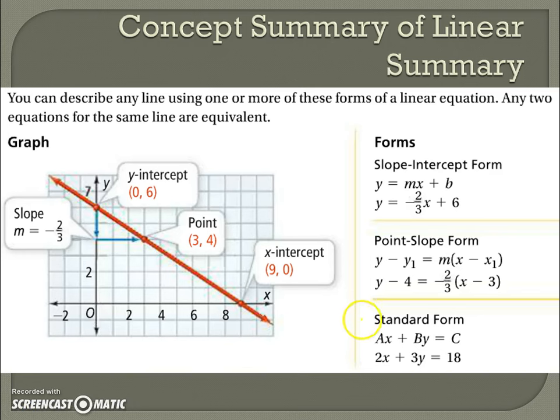All right, so here's kind of a final concept summary for the different lines. This is all of them. So here's our slope-intercept form, point-slope form, and then the standard form, and how all of them work. This is all the same line. Okay, so negative 2/3 x plus 6 in point-slope form would be this, and standard form would be this. And this is the way they look when they graph.